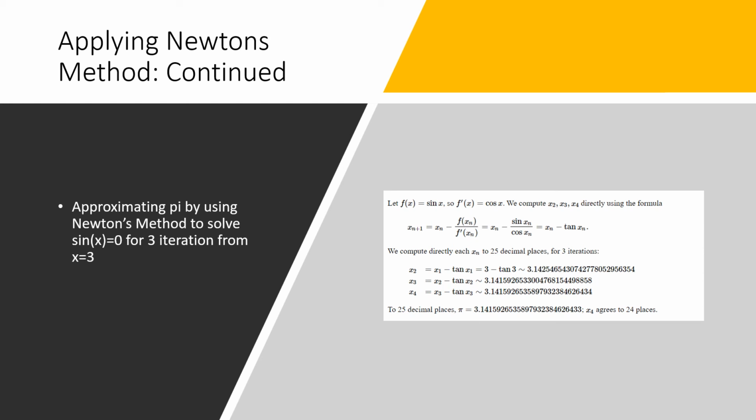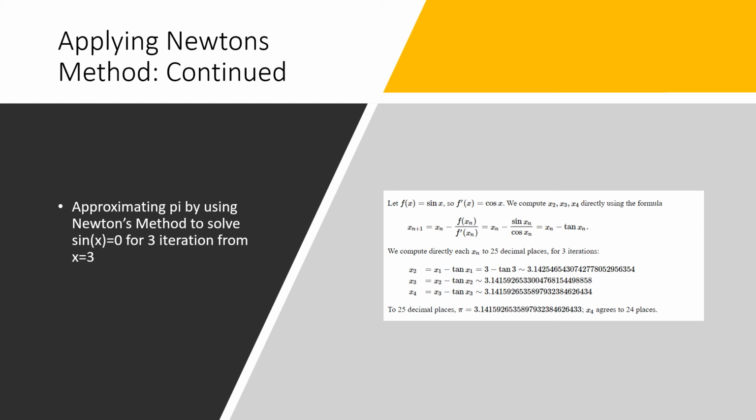Then x2 is equal to x1 minus tangent x1, which is equal to 3 minus tangent of 3, which is going to be approximately 3.142546554, and so on.